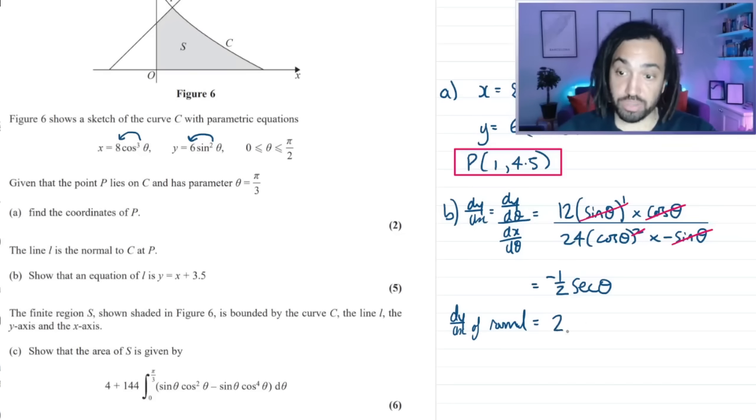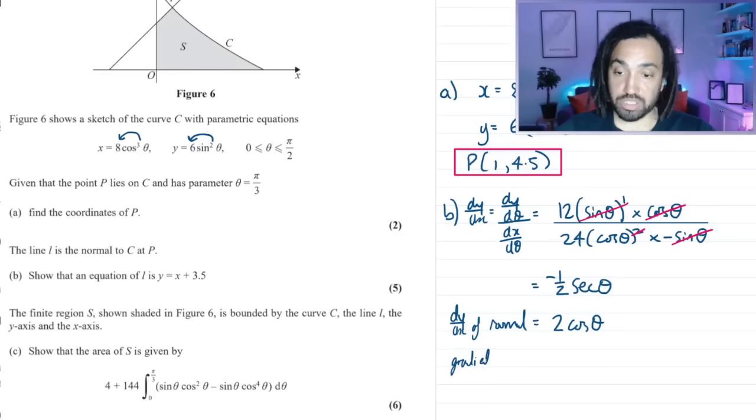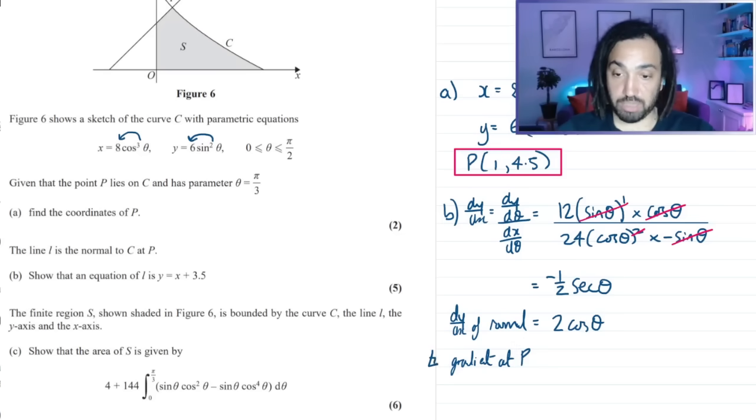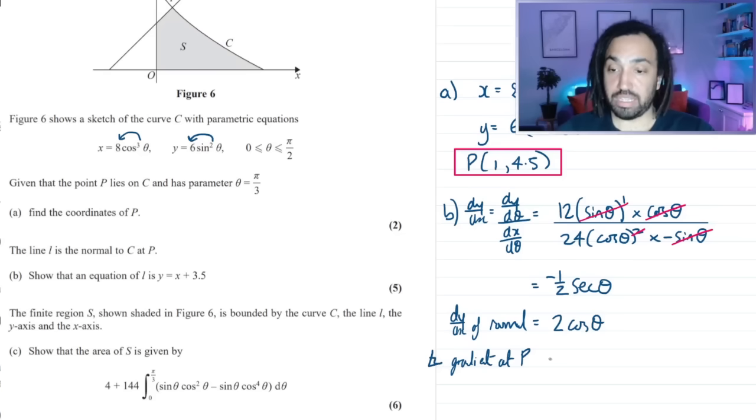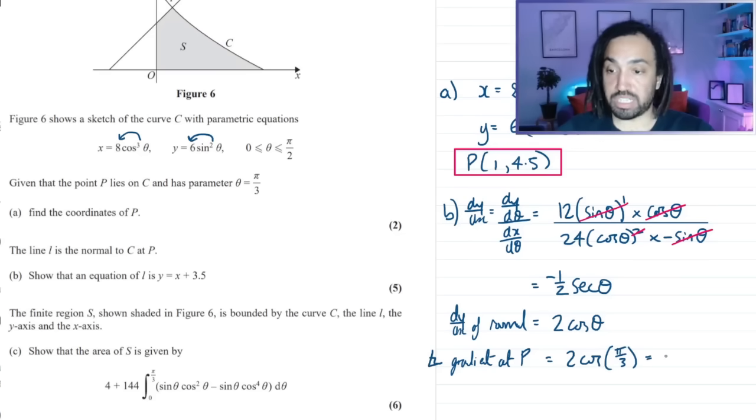Reciprocal of a half is 2, and the reciprocal of sec is cos. Okay, so we want this gradient at the point which we're interested in. We want the normal gradient at P, so the perpendicular gradient at P. So that will just be 2 lots of cos of the parameter at p, which is pi over 3. So that just gives us 1.